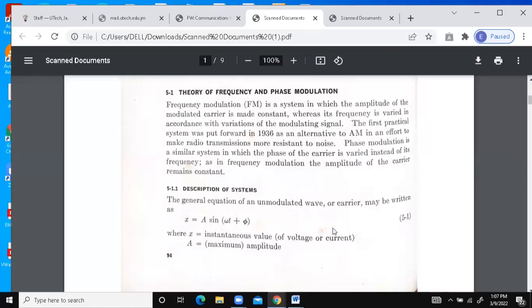All right. So the first thing we're going to review is frequency and phase modulation. Frequency modulation is a system in which the amplitude of the modulated carrier is made constant. So the amplitude is constant, whereas the frequency is varied in accordance with variations of the modulating signal.